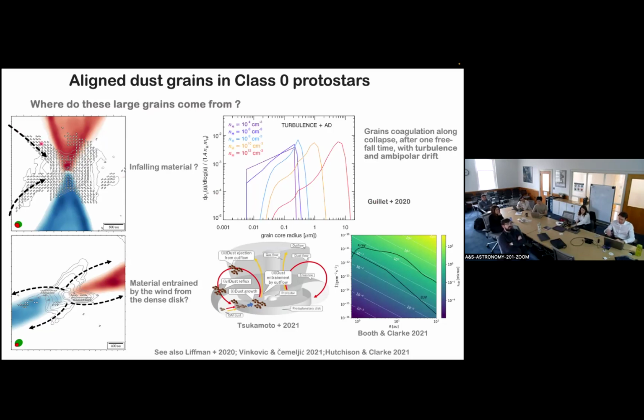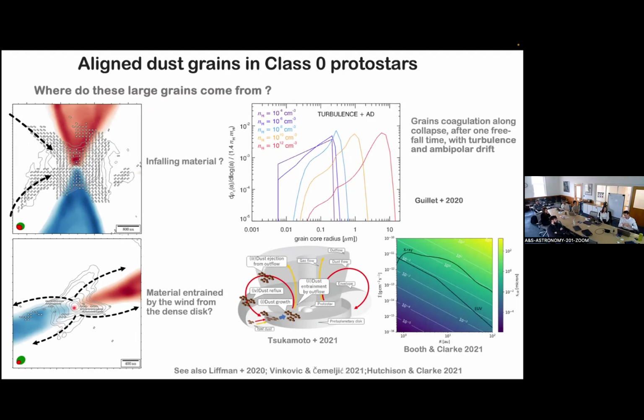If they grow in situ in the collapse, then the model of grain evolution must reproduce this, and right now models are not quite there yet, but it's a field in progress. If dust grains grow in the disk, we need to explain how they can repopulate the envelope. Maybe they get transported by the outflow through drag forces induced by the gaseous outflow. In this case, we need to justify how dust grains can survive fragmentation in outflow cavities.